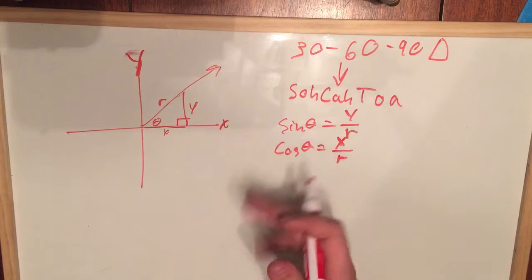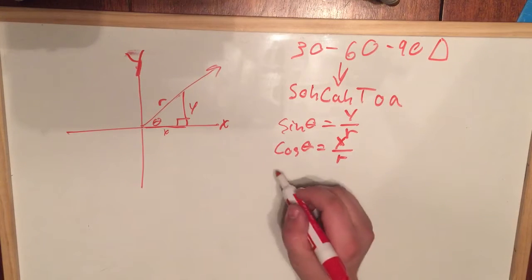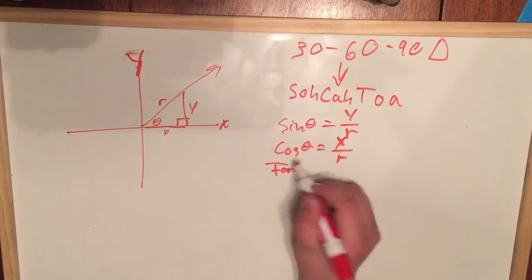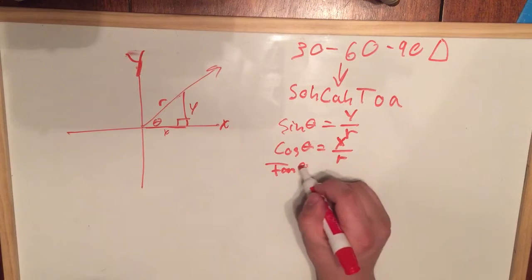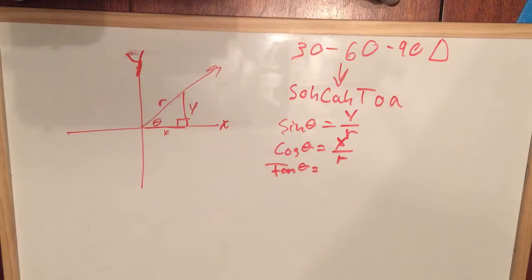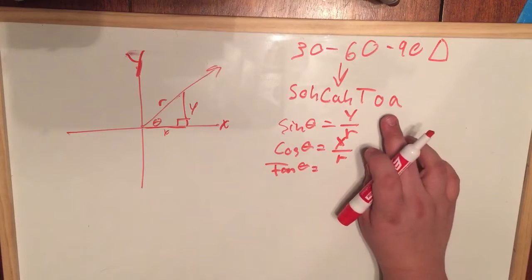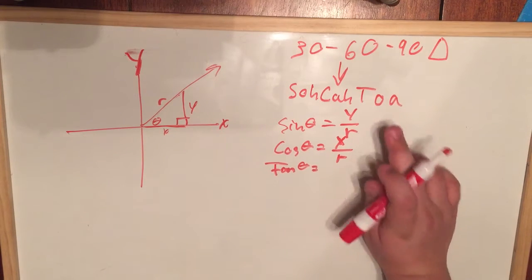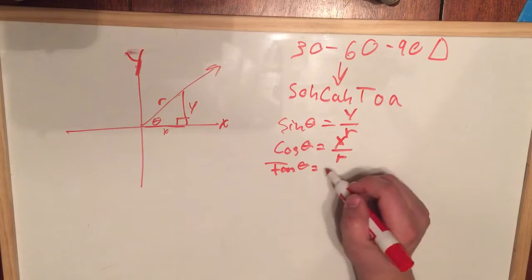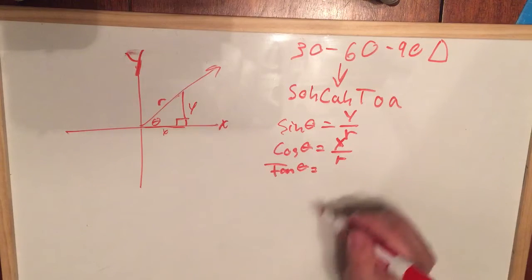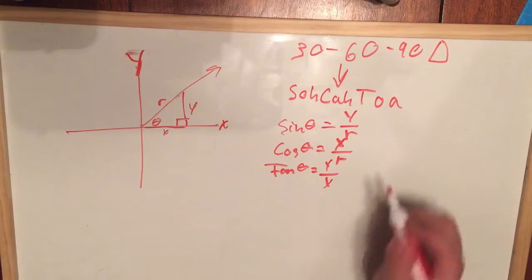SohCahToa. We can consider several different things on this. And then tangent of theta. We can either go by Toa, or we can go by what I said before, but we're just going to go by Toa, which is the opposite y over x.